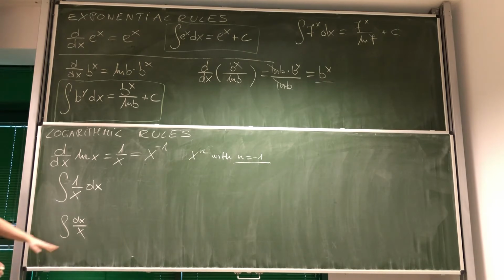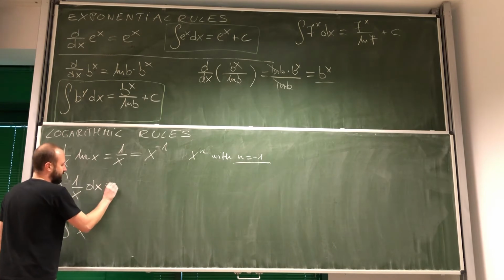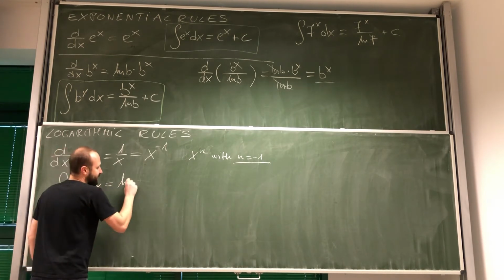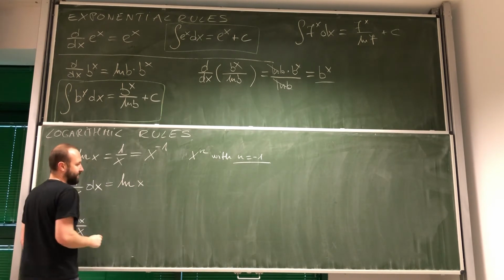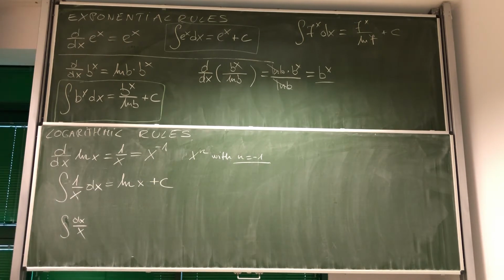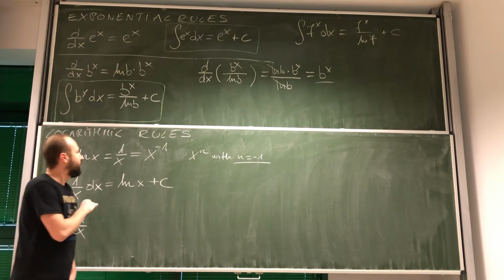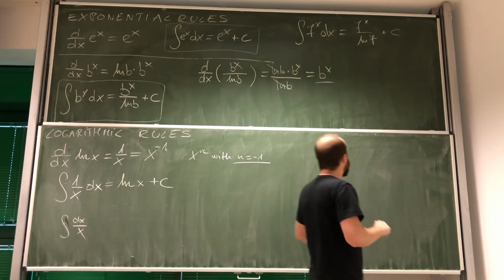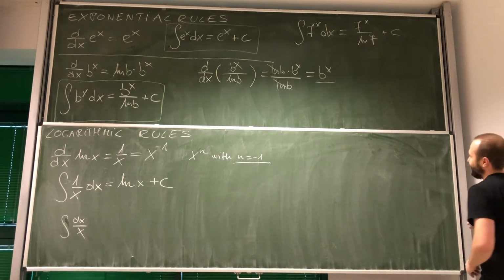But generally, I just want you to know that we can simply write it differently. Those two mean the same thing. Okay, then we should get here the result. This is the natural logarithm of x plus some c. But unfortunately, things here are not as easy as we would like them to be.